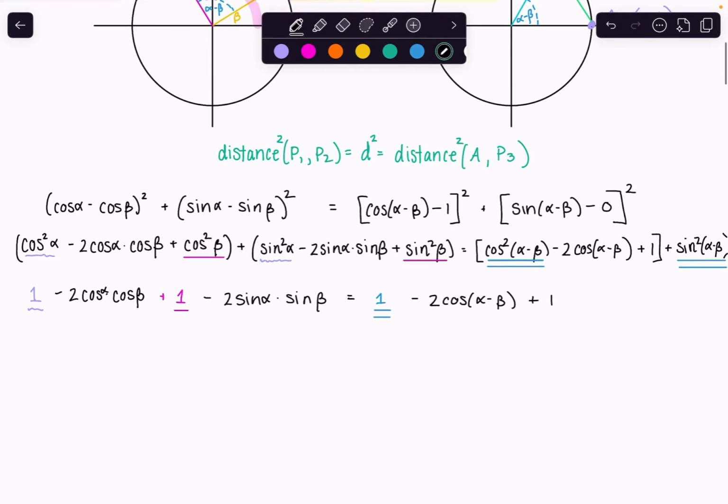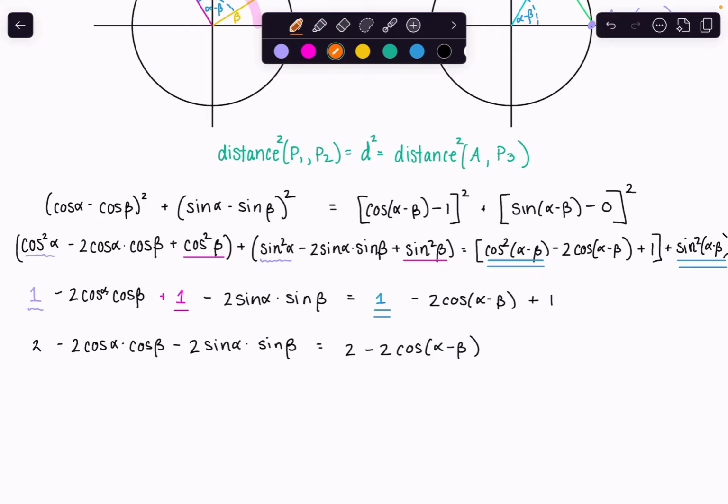All right. So we're looking good. Now we can clean stuff up. We have 1 plus 1. That gives us 2. Minus 2 cosine of alpha, cosine of beta, minus 2 sine of alpha, sine of beta. And then on the right-hand side, 1 plus 1 gives us 2, so we have 2 minus 2 cosine of alpha minus beta.